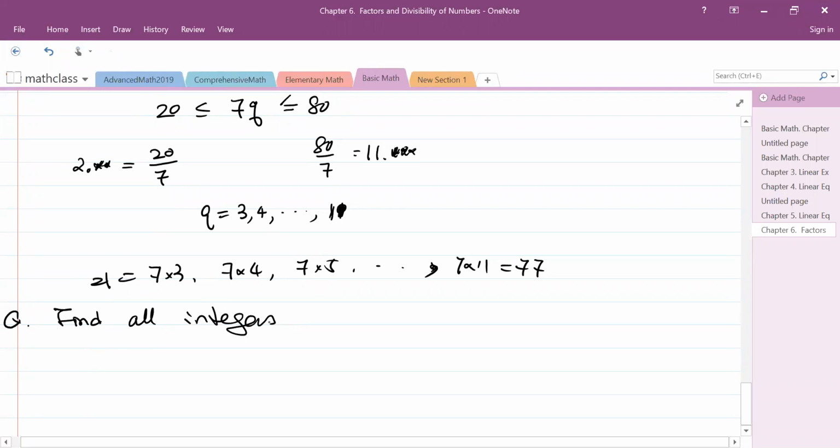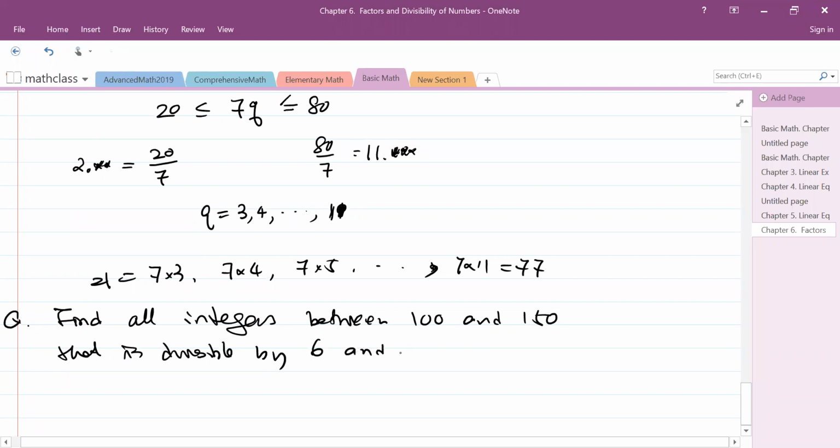Integers, let's say between 100 and 150, and that is divisible by 6 and 8.